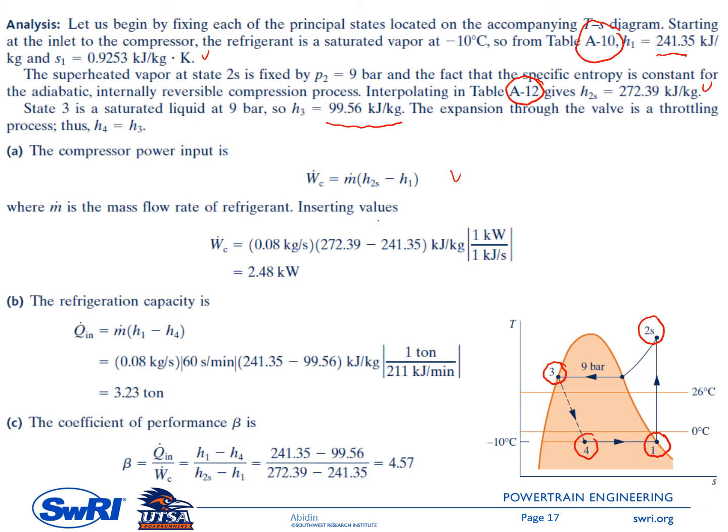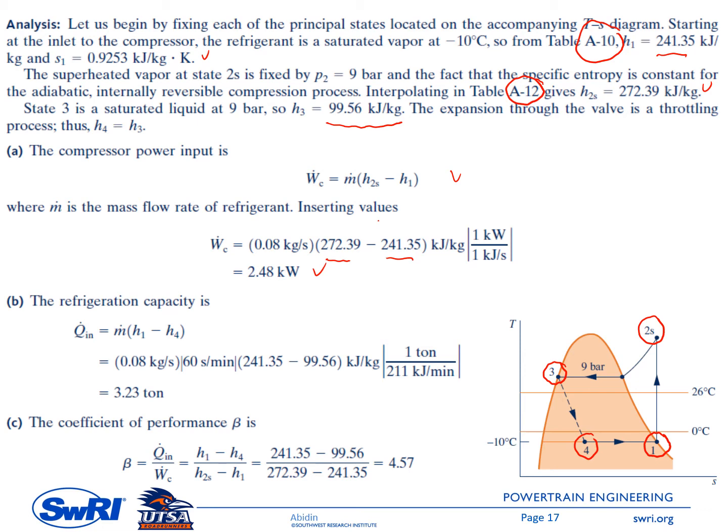The first question is the compressor power input, W dot C, so this is m dot times H2S minus H1. The m dot is 0.08 kilogram per second, and we have H2S as well as H1. Then you will get the compressor work of 2.48 kilowatt.